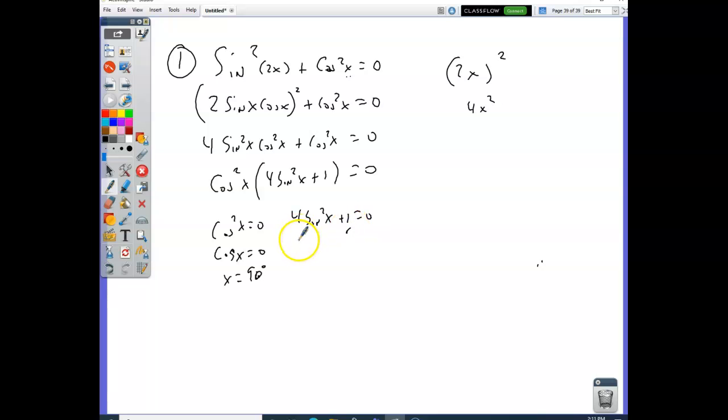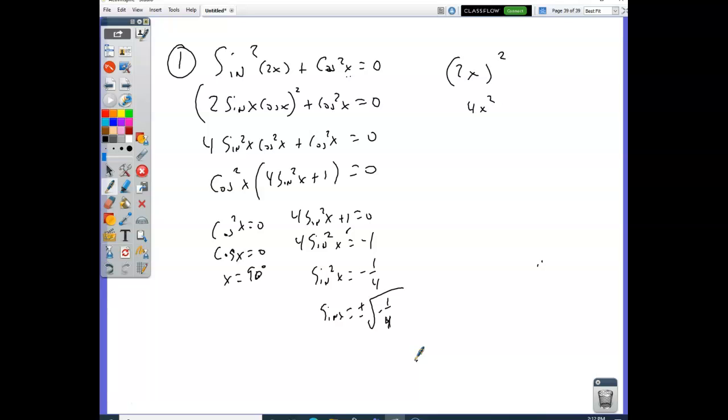And then 4 sine squared x equals negative 1. Divide by 4. Square root both sides. Wait, can I write this down real quick? Please. And then it's going to be sine x equals 1 over root 2.